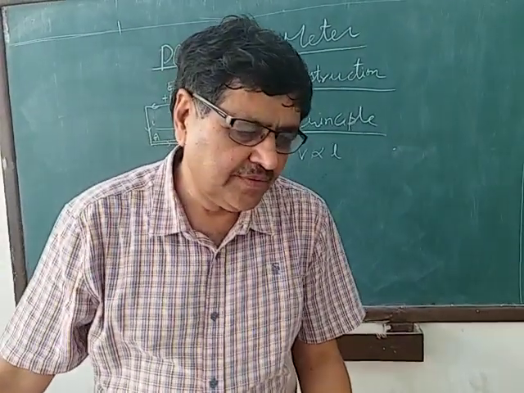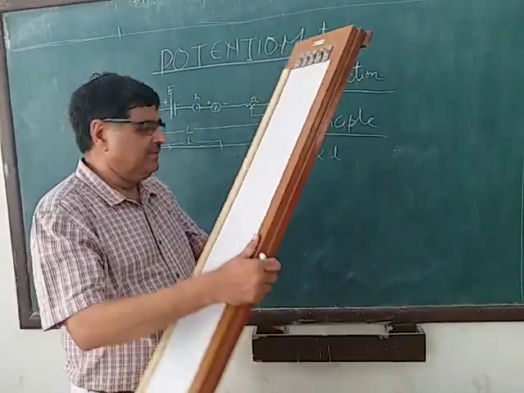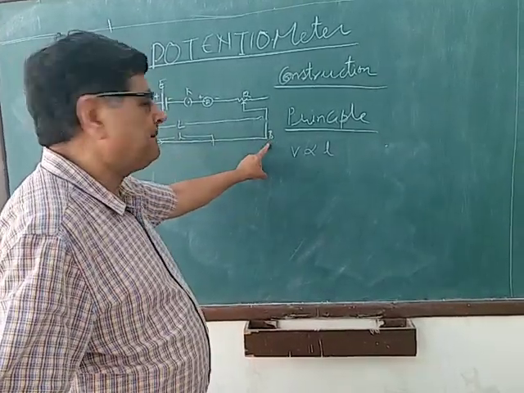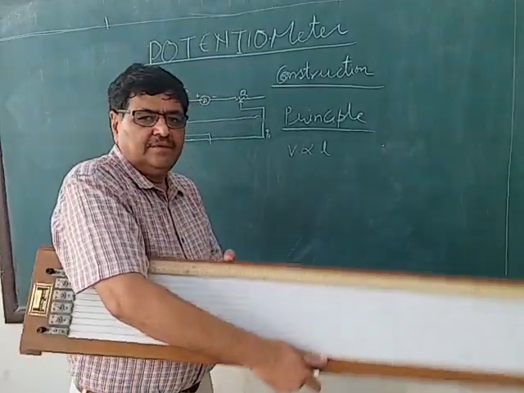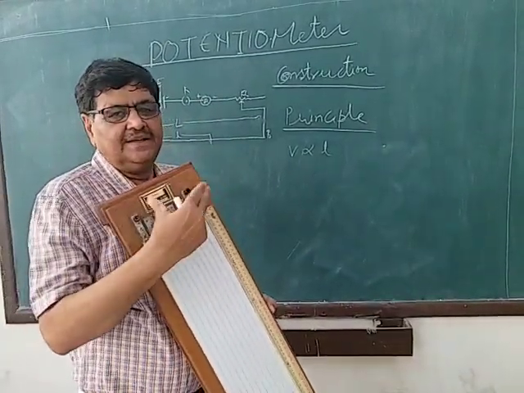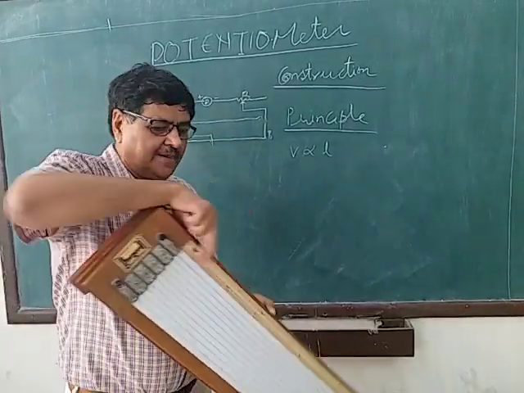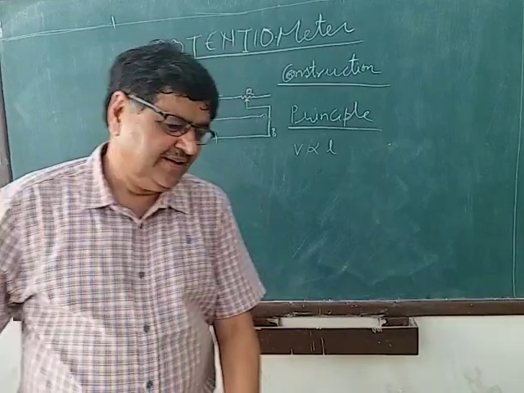What we have done is represent all these 10 wires with a single wire AB. Single wire AB means between these two terminals A and B, the 10 wires are represented with a single wire here. So it's very simple.